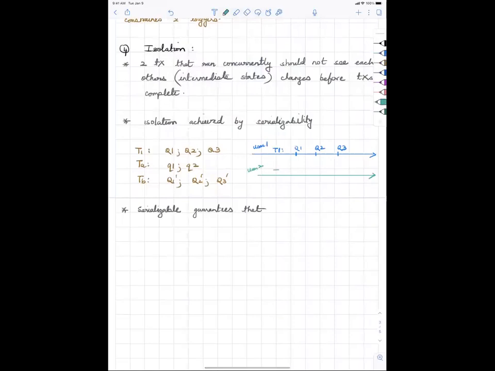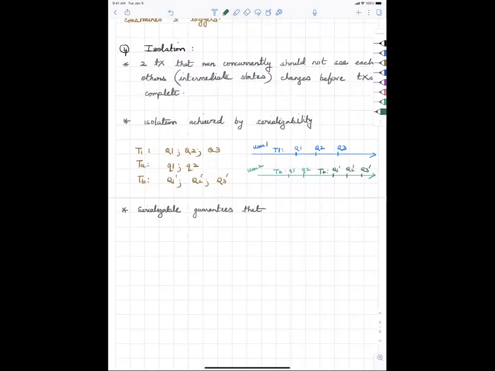He runs TA first, which is Q1, Q2, and then he runs TB, which is Q1 dash, Q2 dash, and Q3 dash. Okay, so we have two different users. One user runs T1 and the other user runs TA and TB in order.